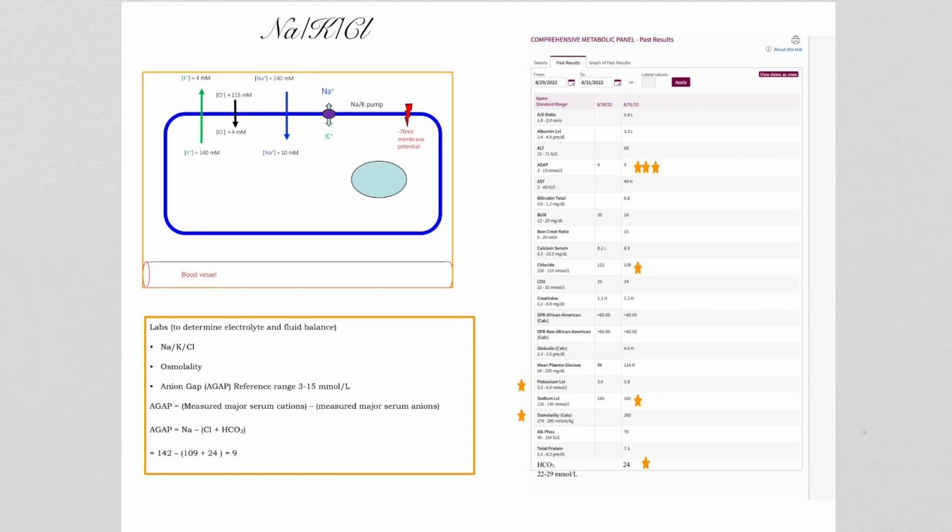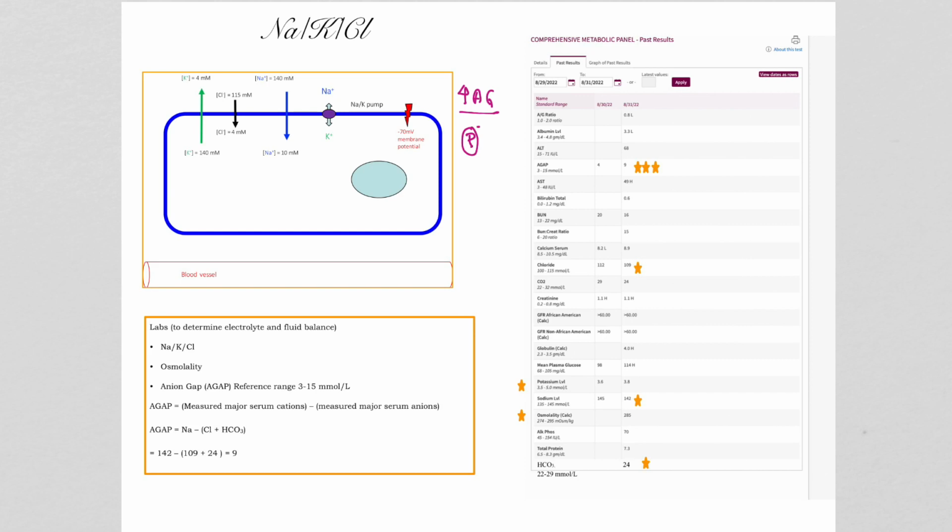So let's see some of the uses of the anion gap. Let's first look at increased anion gap. Let's say there was a very high phosphate in the serum of this patient.